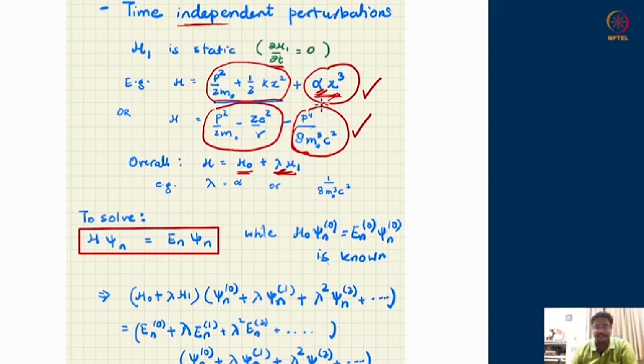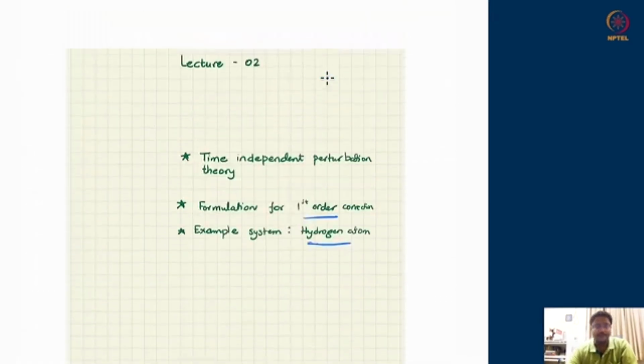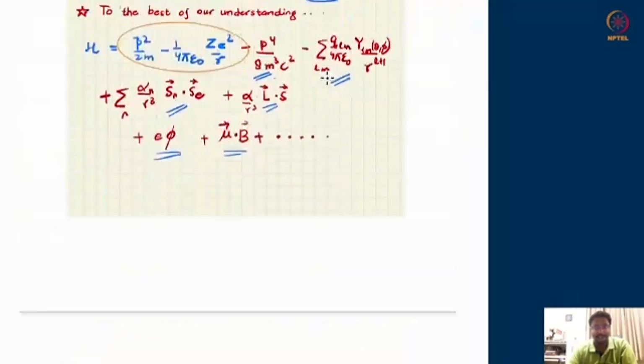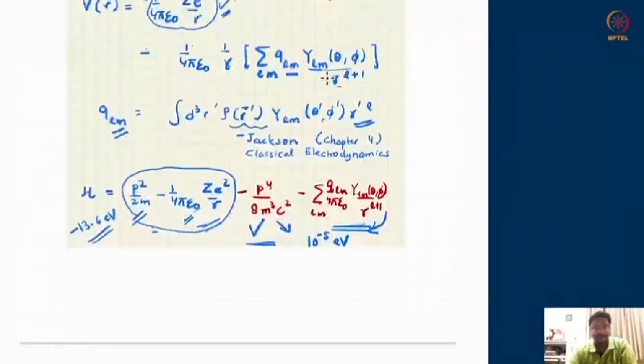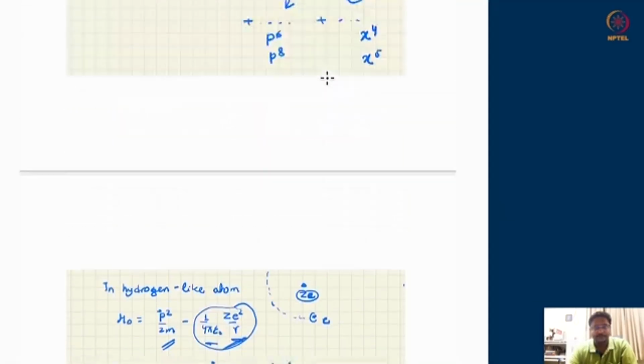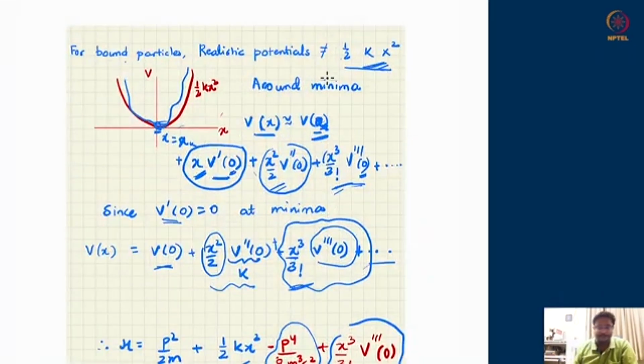For instance, as we have seen in the arbitrary shaped potential's minima, if you remember the discussions in the previous class, the higher order terms depend on the third derivative of the potential at the minima.